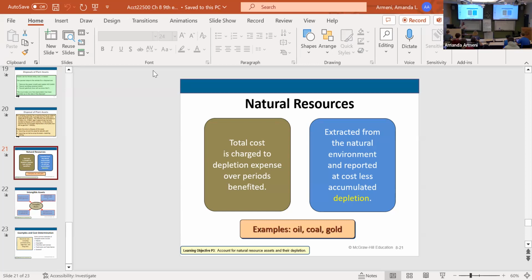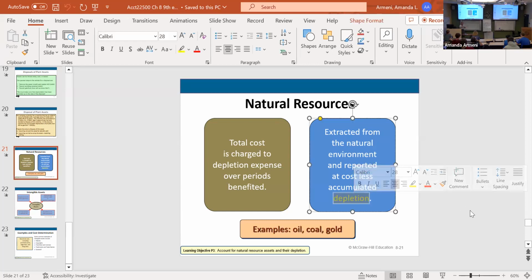As you use those assets, you would account for the use of those assets similar to the way that we account for the use of a building or a piece of machinery or equipment. But instead of calling it depreciation, we call it depletion, okay? So instead of having depreciation expense, like you do for machinery, equipment, and buildings, you would have depletion expense for the use of the natural resources that you have extracted.